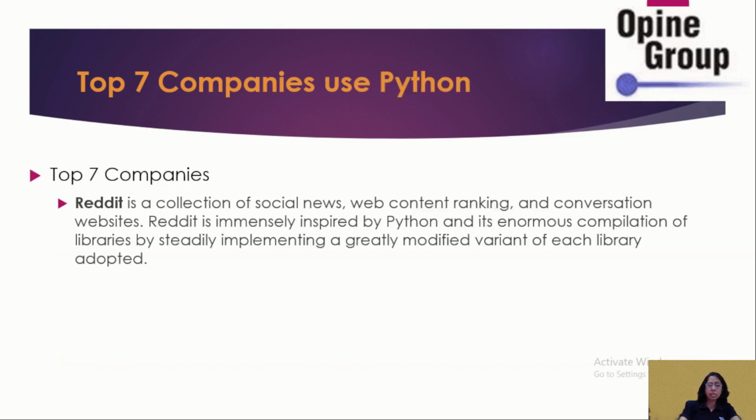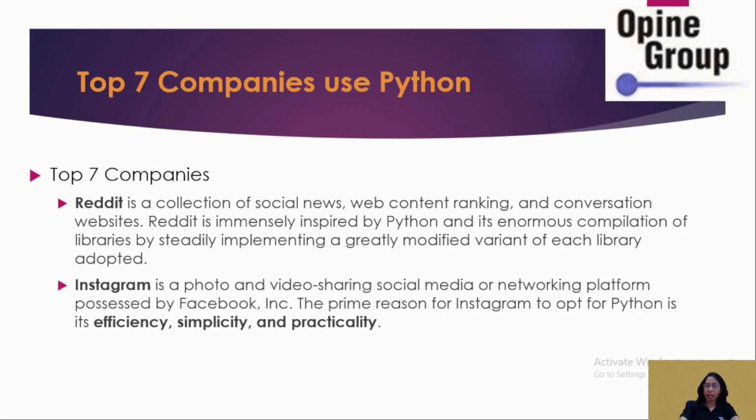The next is Reddit. Reddit is for content ranking of social news. We see there is social news, then we rank those news, and typically machine learning libraries of Python are used by Reddit for its content ranking.